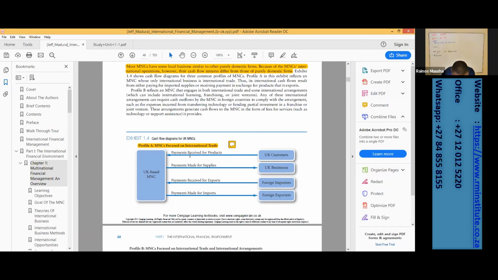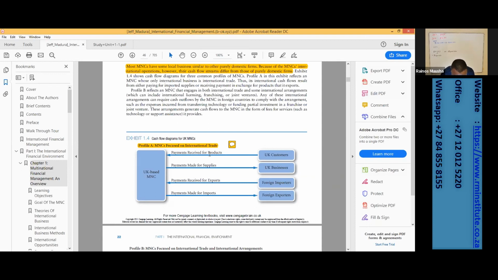When they export the products, they are going to be receiving payments from their customers. Then they also make payments to suppliers when they import the products, and they receive payments when they export the products as well, right? So there are payments received for exports, and payments made for imports as well.